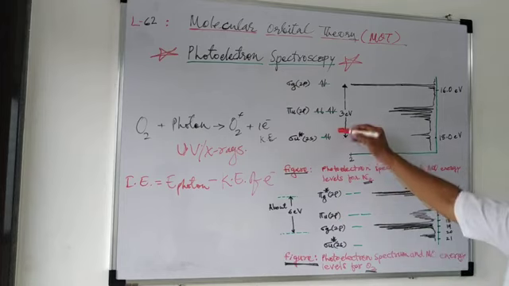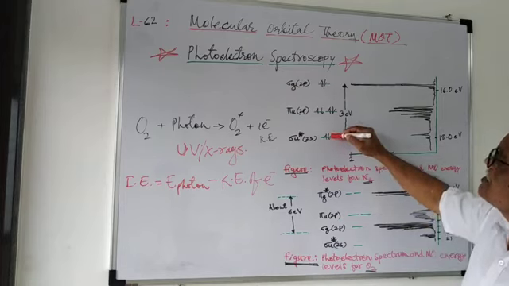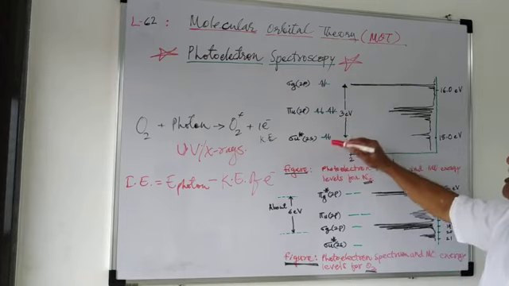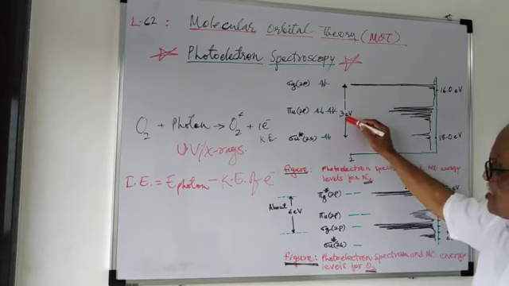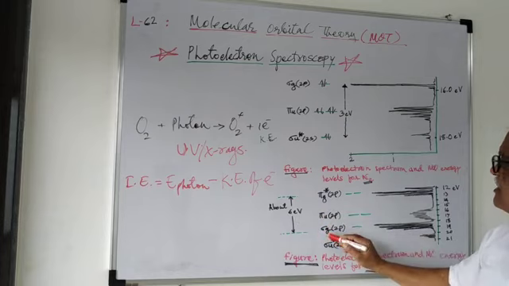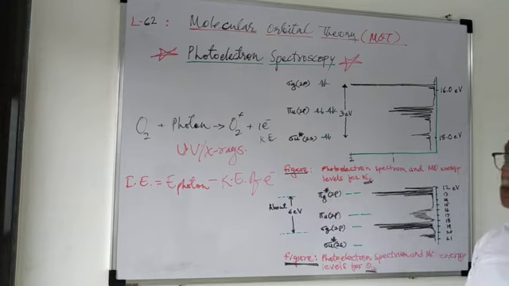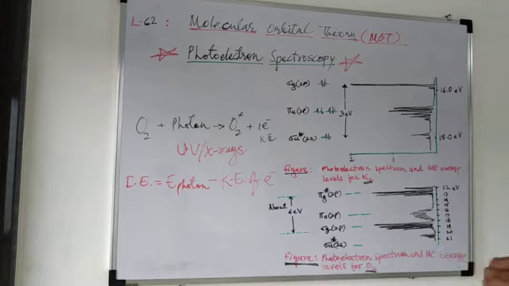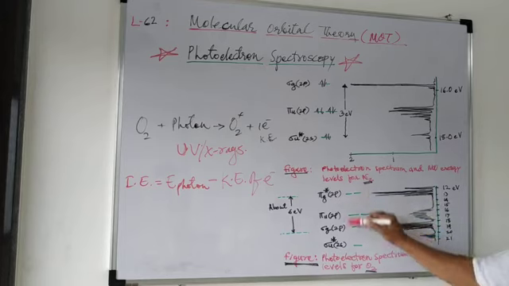If we compare the distance between the first and third peak, the energy is 3 electron volts, and here it is 6 electron volts between the sigma g and pi g star 2p. This will help us understand the correlation between the photoelectron spectrum and these MO diagrams.